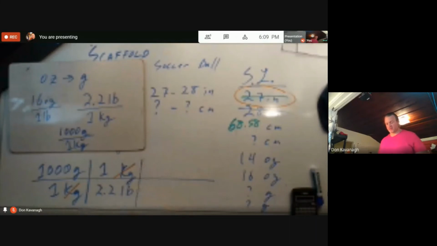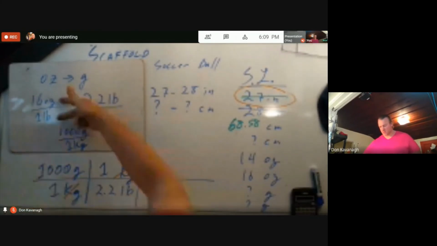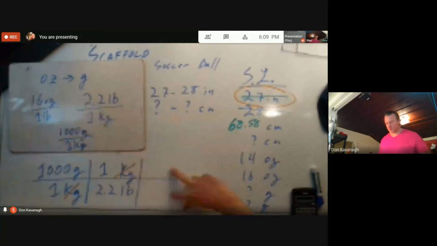I still have grams in the top, yes. I've got to get rid of these pounds. Here is a unit that contains pounds and ounces, and shucks, I've got to do the same thing. I have pounds in the bottom here, so I need pounds on top. I'm going to flip.